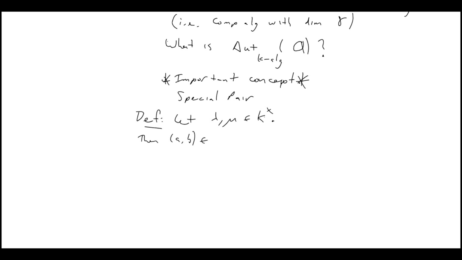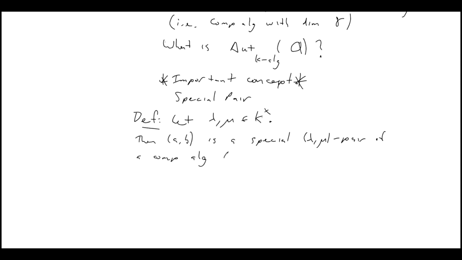Then an ordered pair, A, B, is a special lambda, mu pair of a composition algebra C, Q if we have the following.